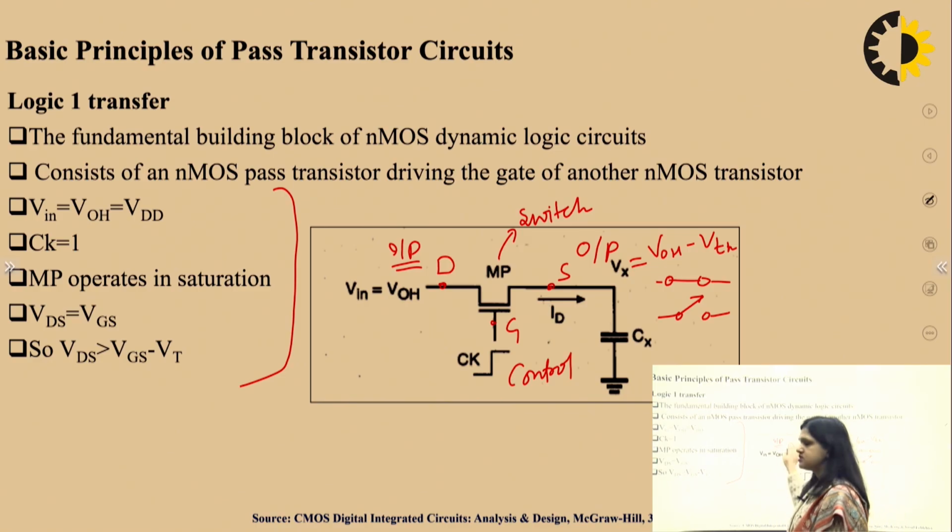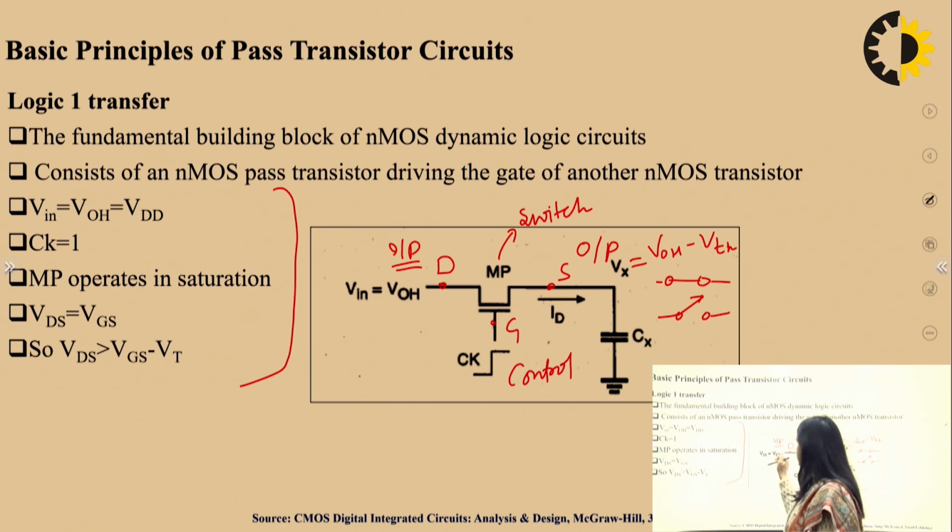So, this is the only drawback of using NMOS as a pass transistor. It passes the input to the output, but with a loss of threshold voltage. If I use PMOS, then the circuit will pass 1 as it is, but there is a drop in 0.